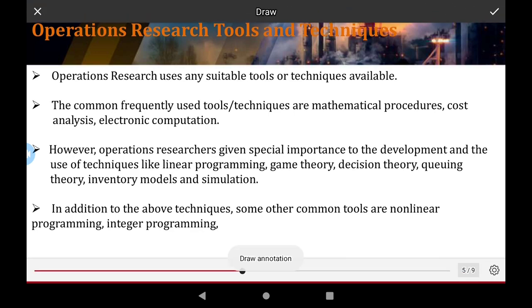Some of the common tools used are non-linear programming, integer programming, okay, some of the tools and techniques used in the completion of the project, okay.